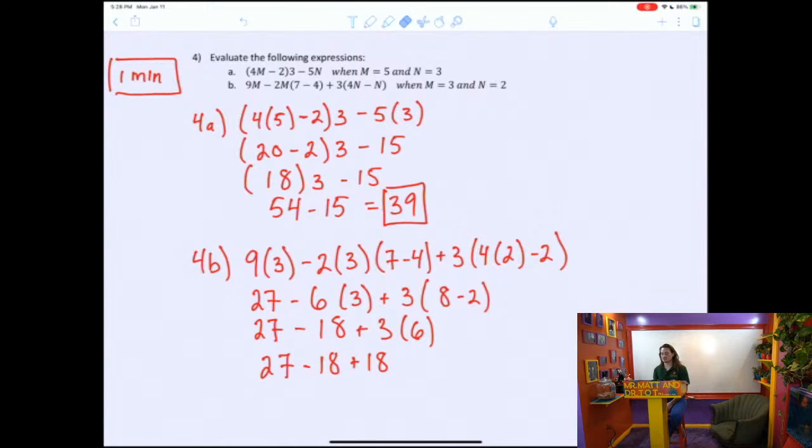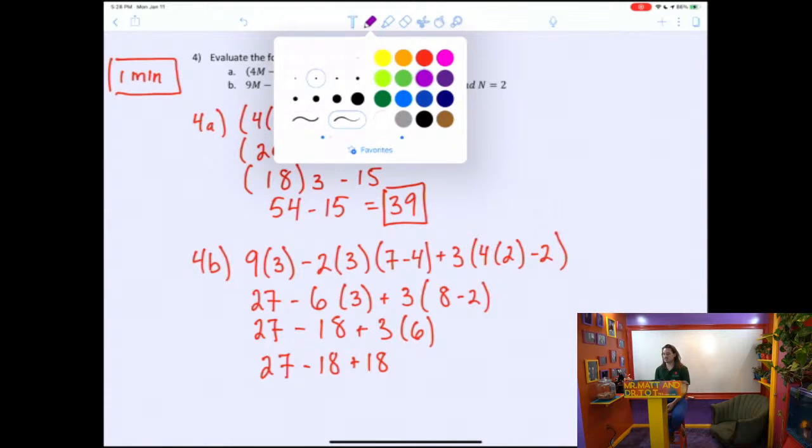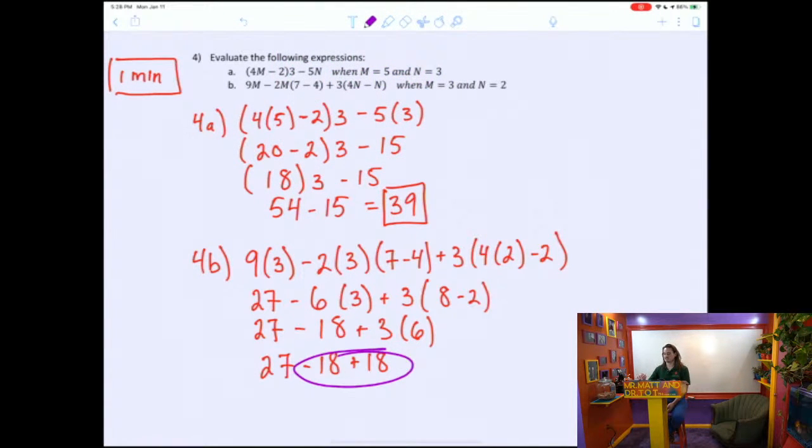And so the answer to question 4b is positive 27, because the negative 18 and the positive 18 will cancel directly, leaving you with just positive 27 as your answer. If you have any questions, then please let me know. Otherwise, let's look at question number 5.